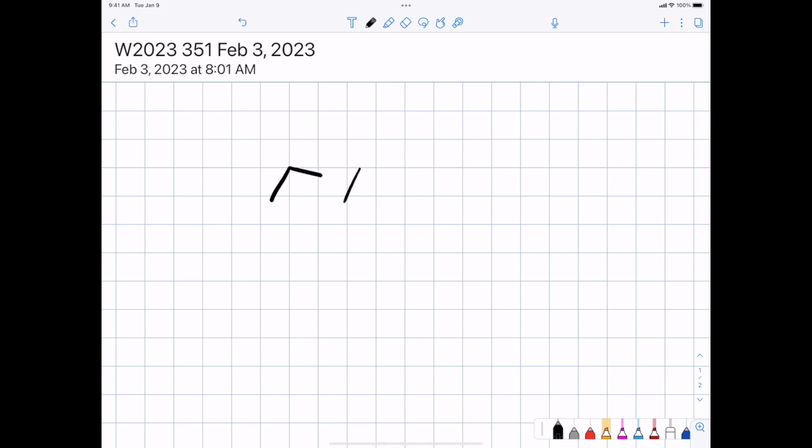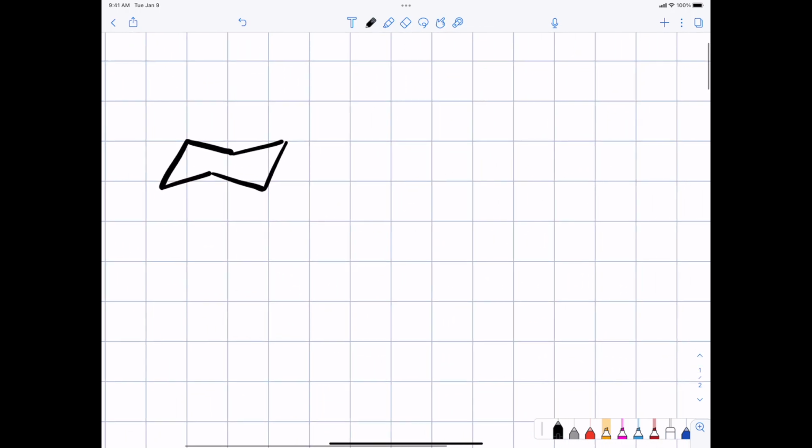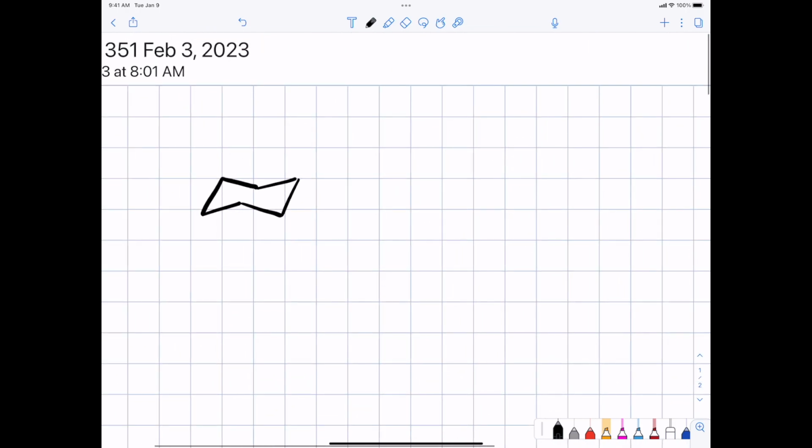Oops. And another line here across, angled downward. See where we're going? And now I just need to connect the lines. Isn't that nice? Okay. I don't have to draw it that way.